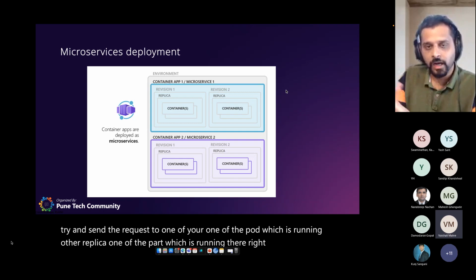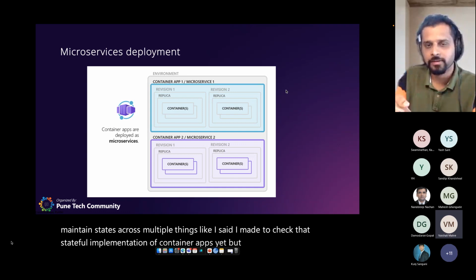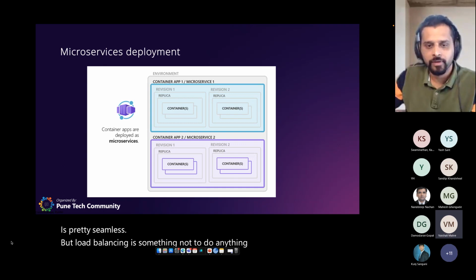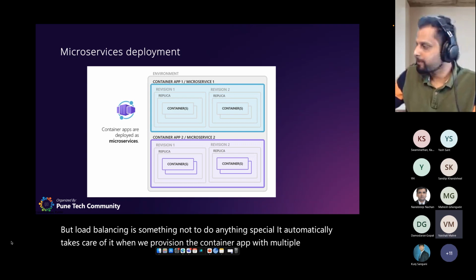If you want to maintain state across multiple things, like I said, I am yet to check the stateful implementation of container apps. But for the stateless part, yeah, it is pretty seamless. Load balancing is something we don't have to do anything special for. It automatically takes care of it when we provision the container app with multiple replicas.